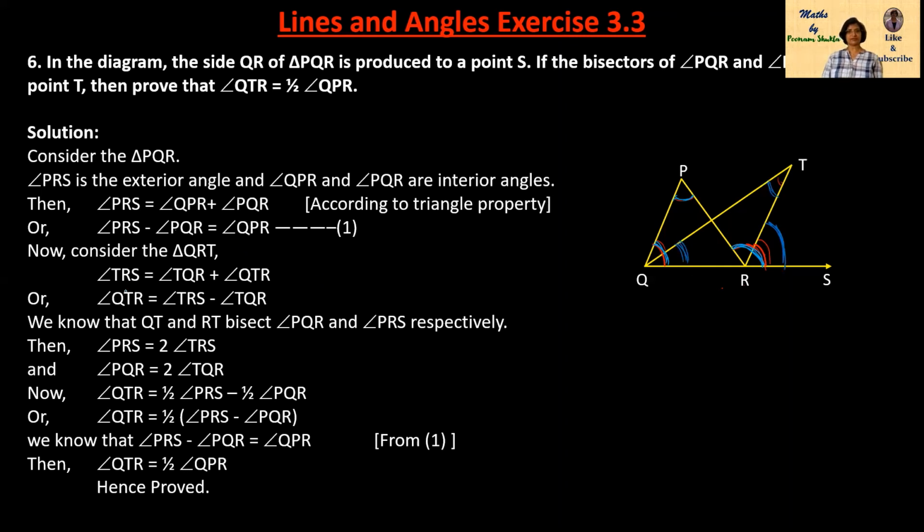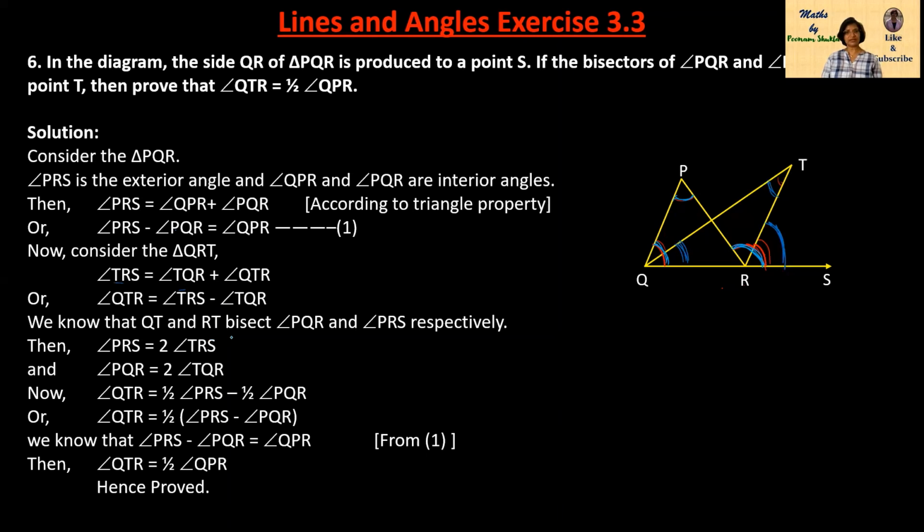So here we have written angle TRS equals to the sum of angle TQR plus angle QTR. Right? So QTR equals to this minus this. We have written it here.